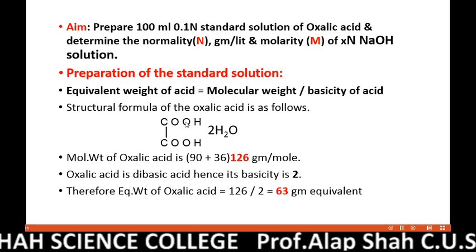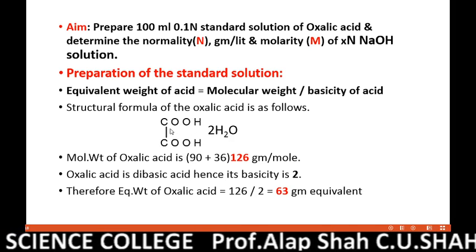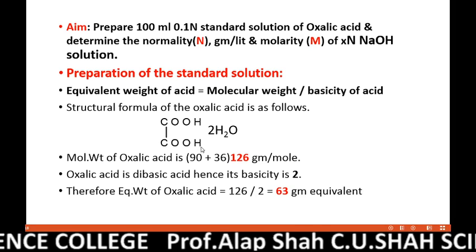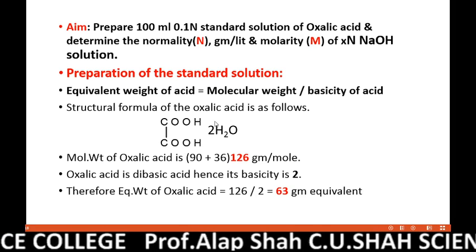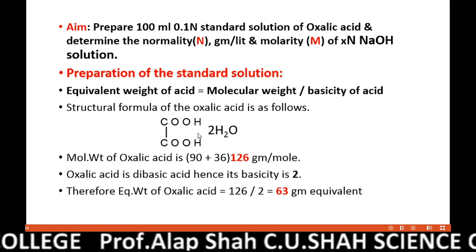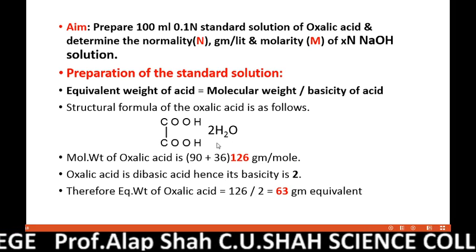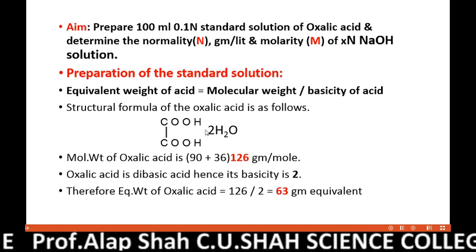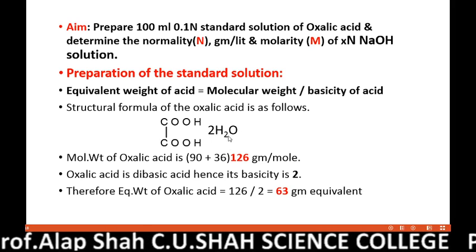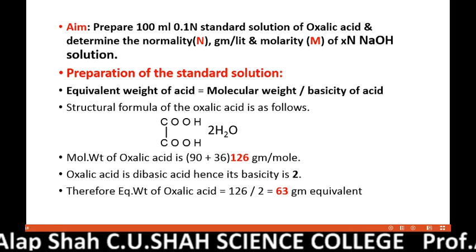This is the molecular or structural formula of oxalic acid. Two COOH groups are joined with each other, and we are using hydrated oxalic acid, so oxalic acid accompanied with 2 moles of water. Sometimes non-hydrated oxalic acid is used, then there will be a little change in the weight. But here we are going to use hydrated oxalic acid.